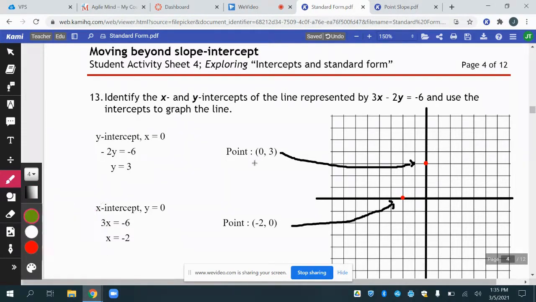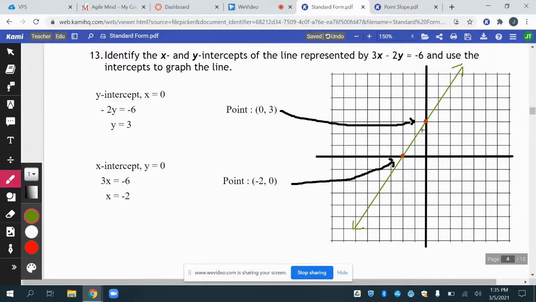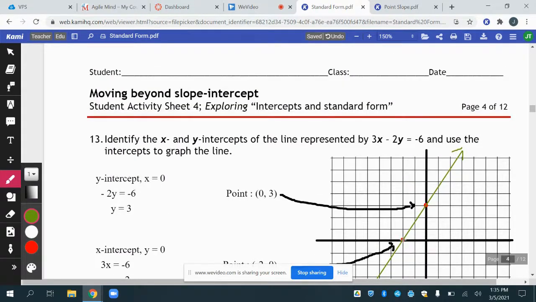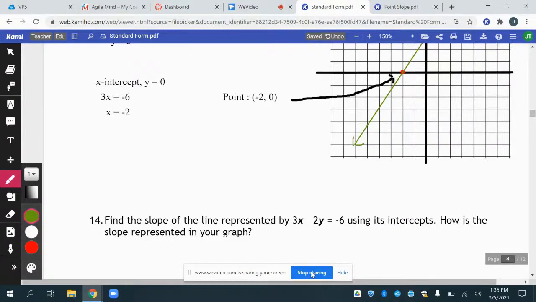I'll graph it green, with a different size pencil. There we go. There's our line. Notice I never talked about the slope. I just know it crosses the axis here, and the other axis there. That's what we do when we have this type of format. It's just easier. And I'm going to stop for now because I need to go have lunch.